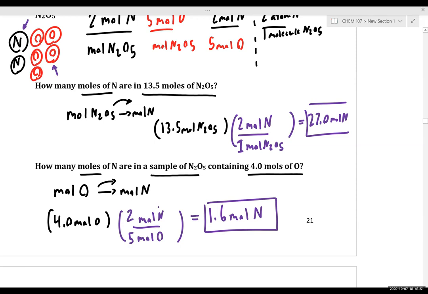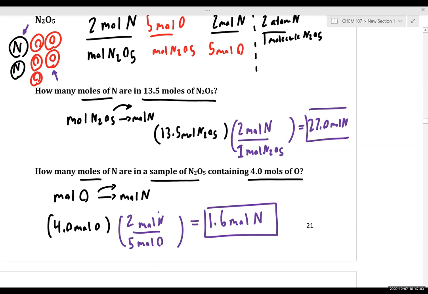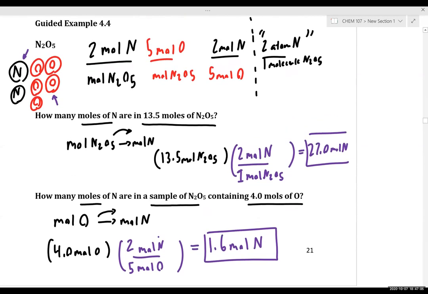How did you do the calculation again? So if we're going from moles of oxygen to moles of nitrogen, we write out our starting units, which is moles of oxygen, and looking at our formula, the ratio of atoms gives us the mole ratio of each element. So in this formula, we have 2 moles of nitrogen per 5 moles of oxygen. 2 nitrogens, 5 oxygens. That conversion factor allows us to convert from the moles of oxygen in our sample to the moles of nitrogen.